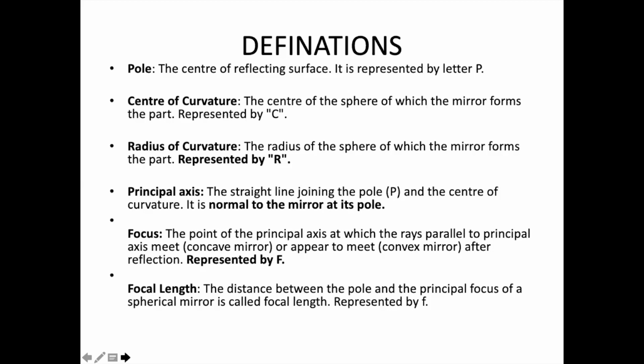Appear to meet means we are extending the lines and making the rays join together. That is why we say appear to meet. And appear to meet always takes place in a convex mirror because the image is always going to be virtual over there. And the focal length is the distance between the pole and the focus. It is represented by the symbol F.